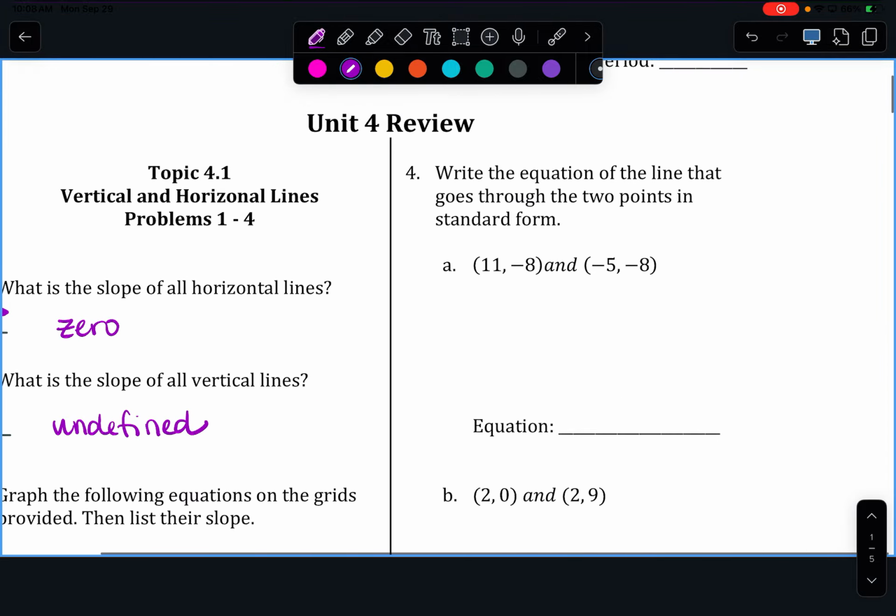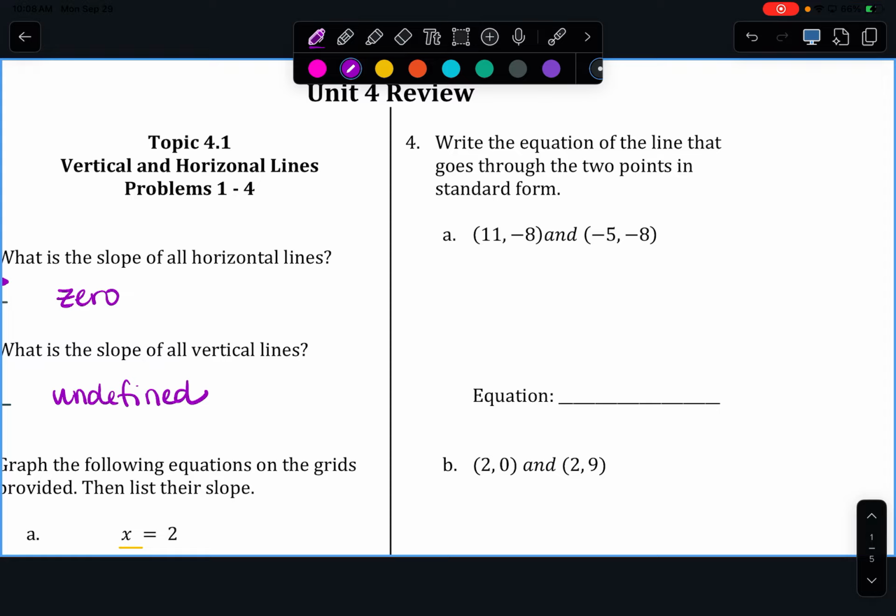All right, coming up here, write the equation of the line that goes through the 2 points. Now, I know most of you guys, your first instinct on your last quiz was to do the slope formula, which I'm totally fine with, because it technically should be your first instinct whenever you see 2 points to find the slope first. So I am going to do it that way really quick.